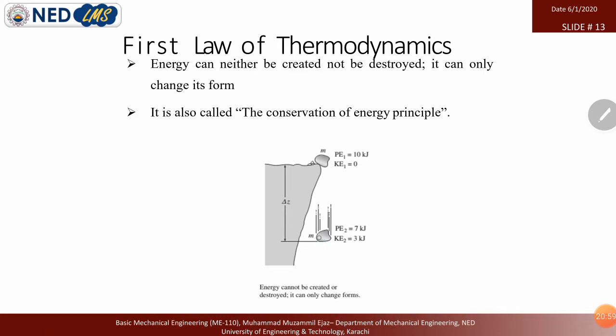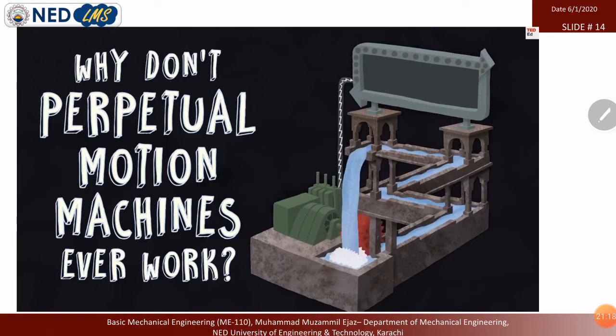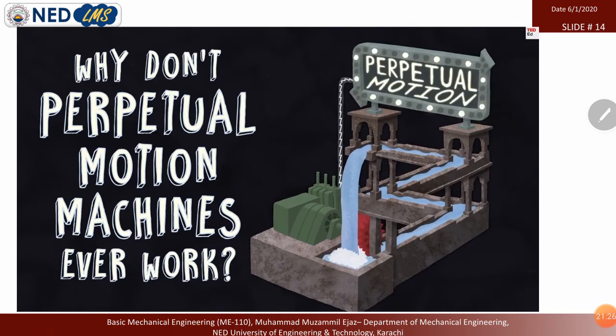If we make such a system that this kinetic energy we can convert again into potential energy, it moves continuously. This concept took place in the late 1500s. I have very good animation videos of perpetual motion that can be used for this particular topic.